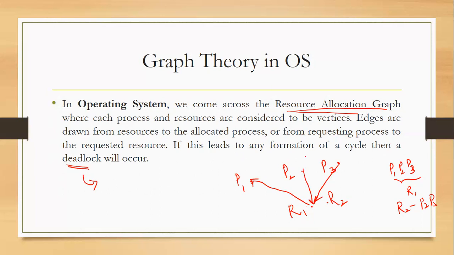And if this leads to the formation of a cycle, suppose program 2 requires resource 1 and also requires input from program 1, then once program 1 leaves the resource and needs to give input to program 2, if this entire cycle does not occur in an orderly, step-by-step manner, deadlock will occur. That is, program 2 requires two things: the resource 1 and the input from program 1.